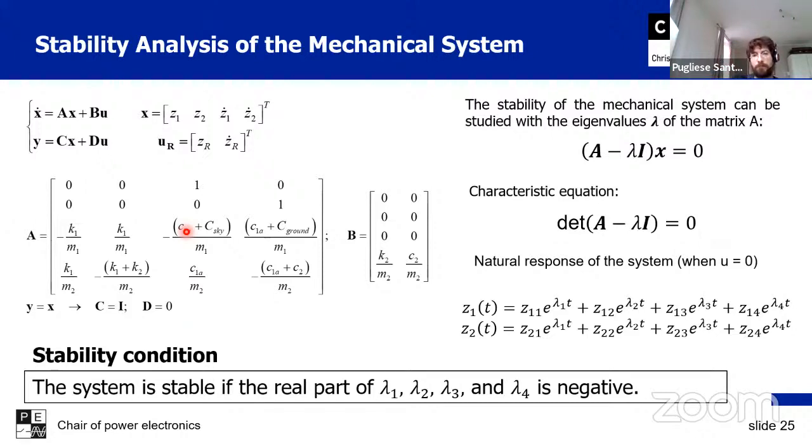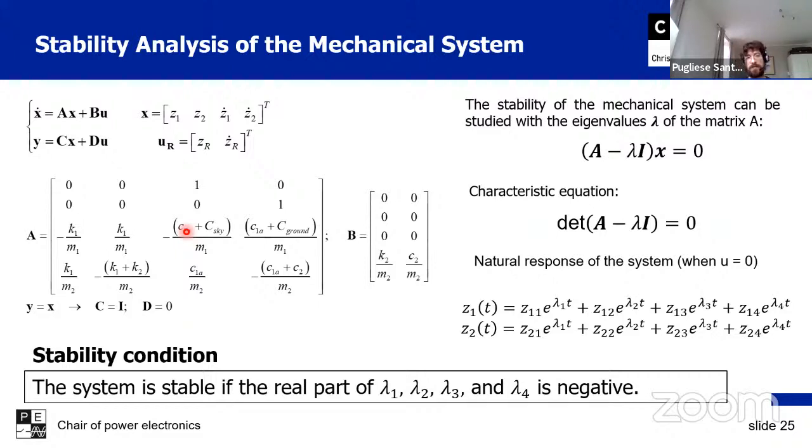So it means that this is changing the mechanical system. I need to define what is the range of variation of chi sky and chi ground in order to verify that my mechanical system is still stable.